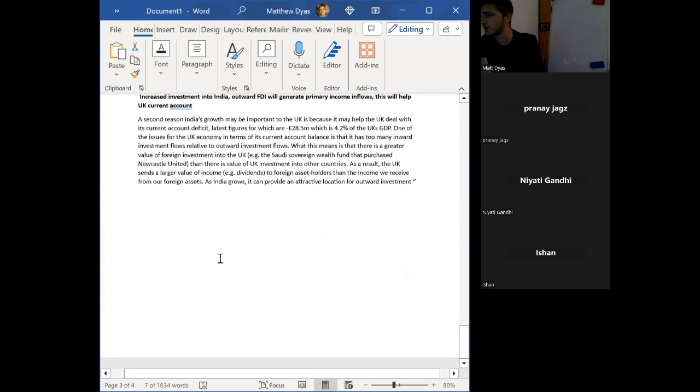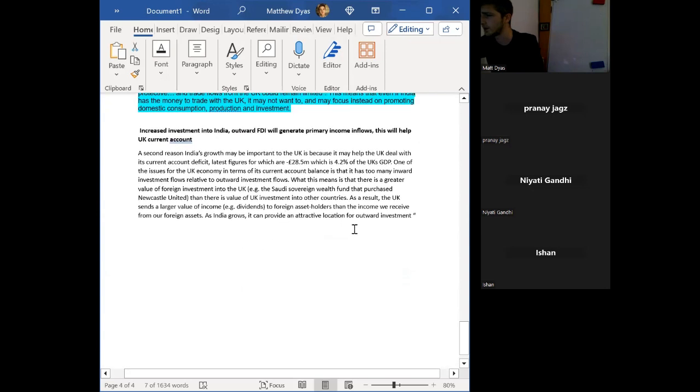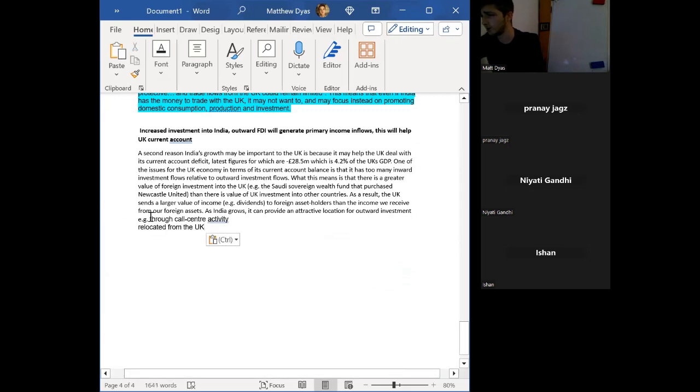So that's an example. As India grows, it can provide an attractive location for outward investment, e.g. for, let's cut out the 3 in that quote, so that makes sense, for call center activity relocated from the UK.